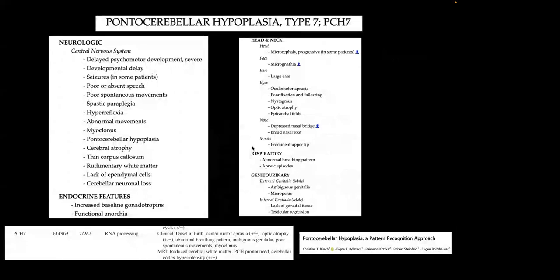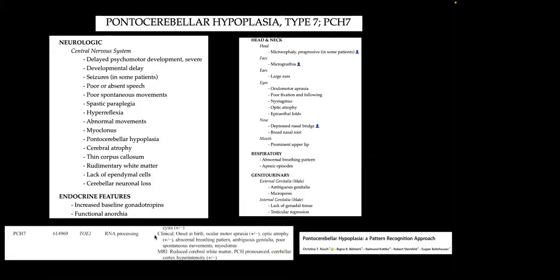Okay. So PCH7, at least as per Dr. Srikanth, the clinical phenotype matches: abnormal genitalia and the other neurological features are matching in both siblings. This is from the paper which Dr. Boltshauser has co-authored.